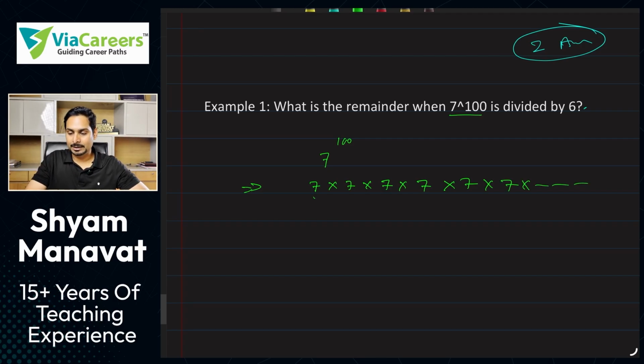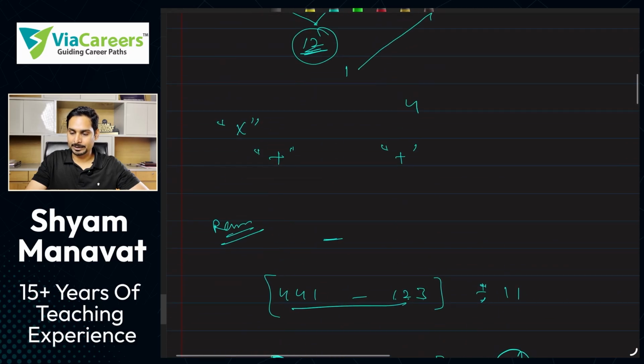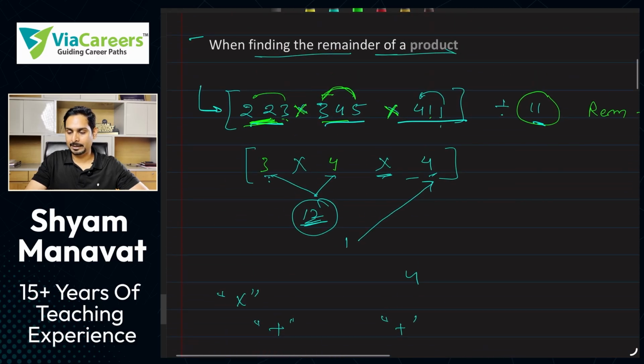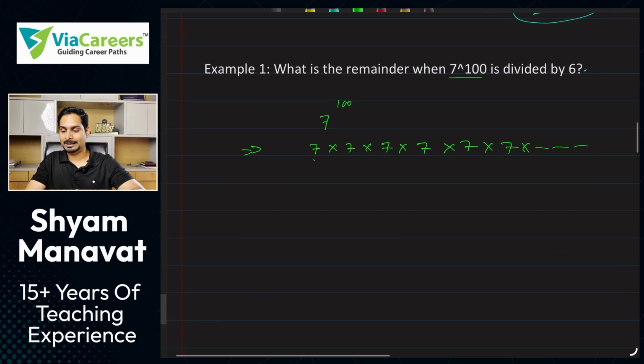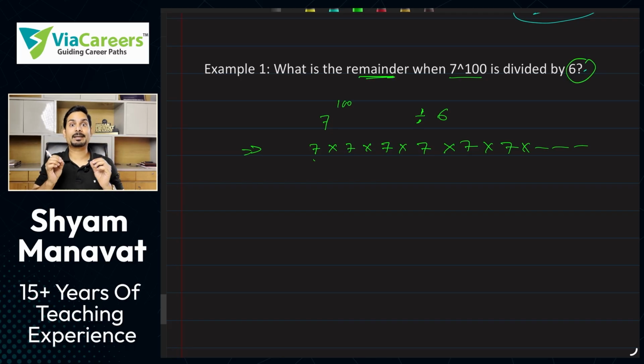So it works similar to the example we have taken here: you have some numbers in multiplication and you have a common divisor. How do you find the remainder in this case? Here, this entire thing divided by 6, we need to find the remainder. So focus on the remainder.